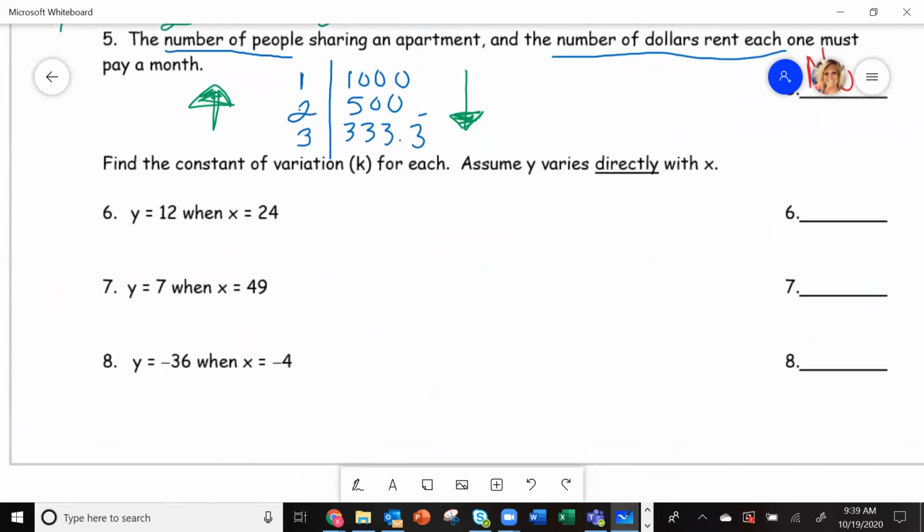Just like what we were doing, I want you to take a minute and find the K value for each one of those, because it says let's assume that y varies directly with x. That means I'm going to take my information and do y divided by x, and that's going to give me my constant of variation, my K value. So do that now for these 3 and write down what your K values are.